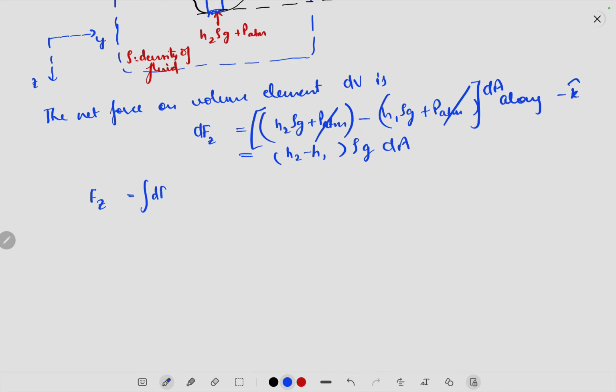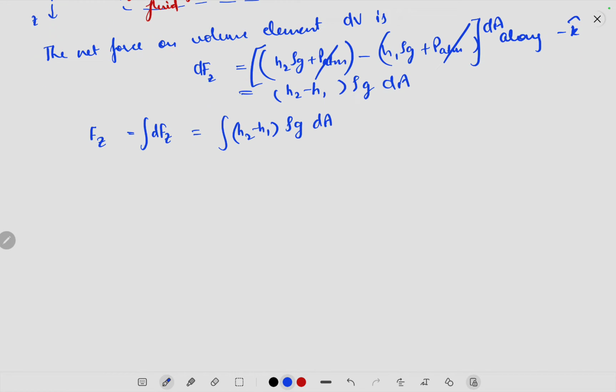That would be simply the integral of dFz. So h2 minus h1 into rho g into dA integral. Now rho and g are independent of the volume element chosen, so we can take them outside of the integral, and this would become h2 minus h1 times dA.